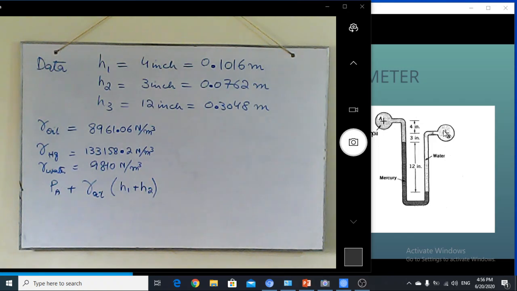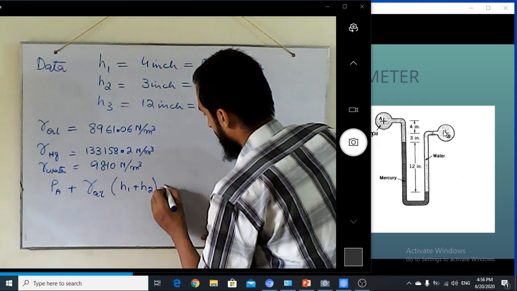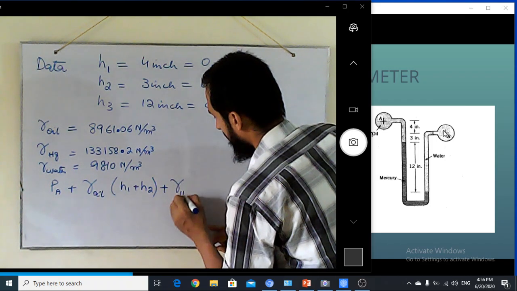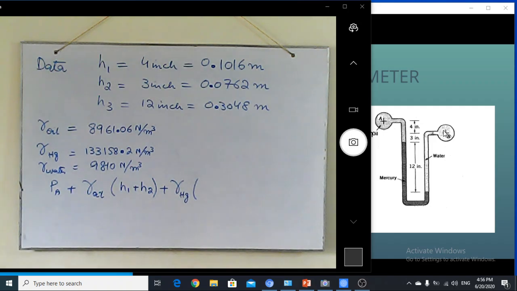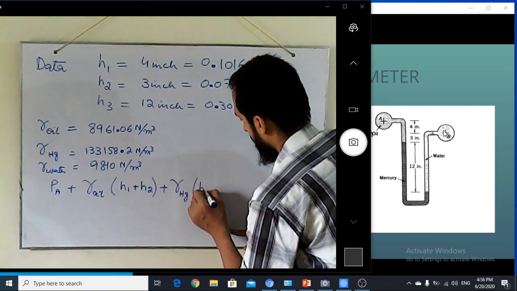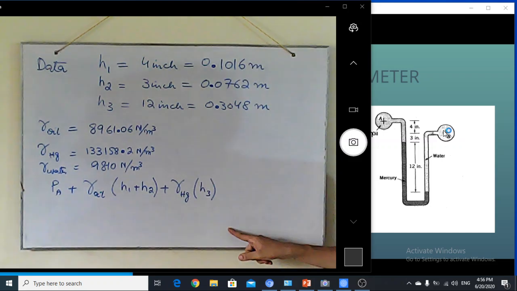Then I have to add the specific weight of mercury and the height h3, which is covered by the mercury.